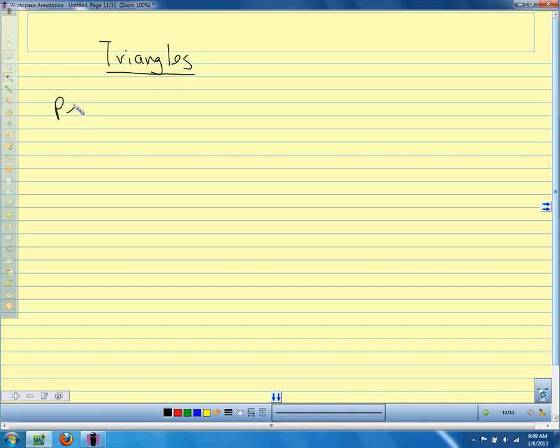So our perimeter. How do we find the perimeter? Add all the sides. That's all we ever have to do. The area. What's the area formula for a triangle?